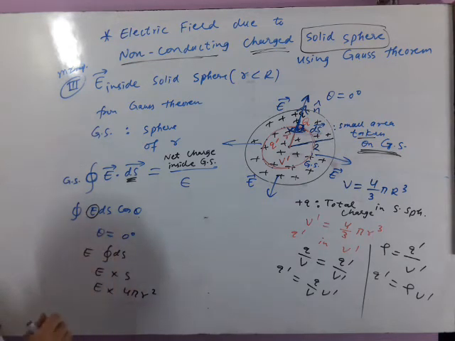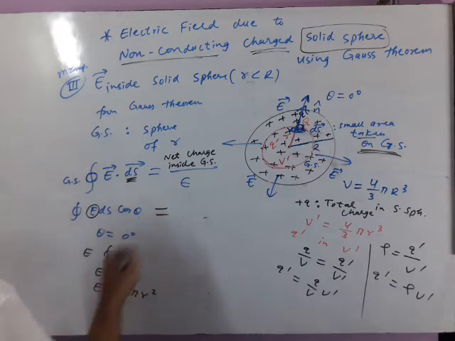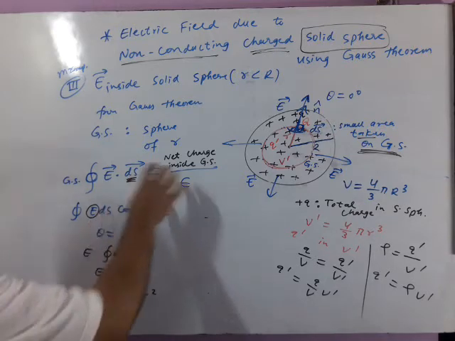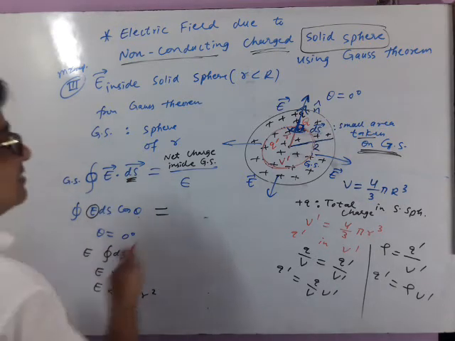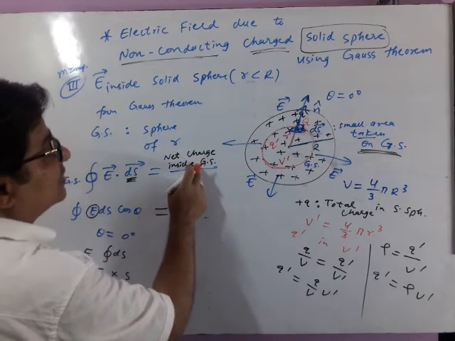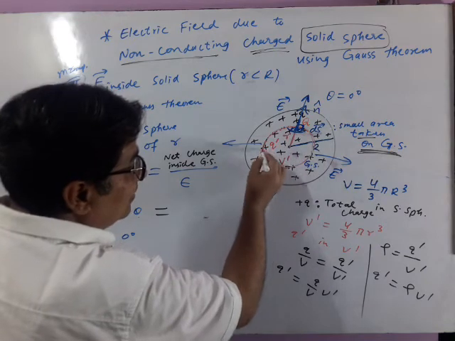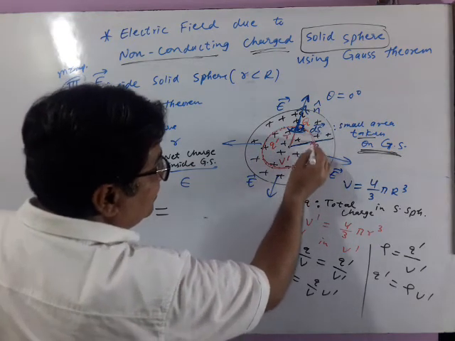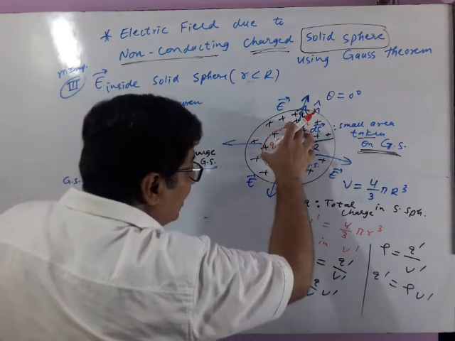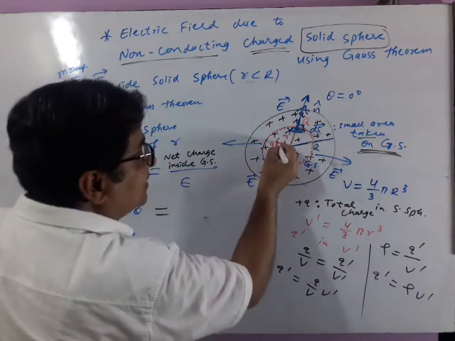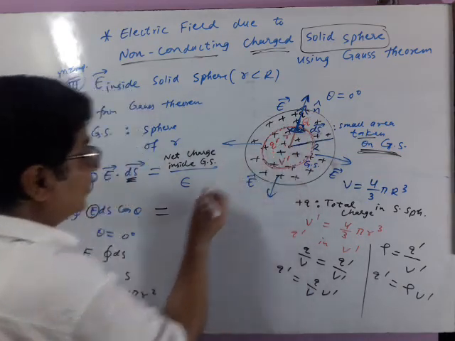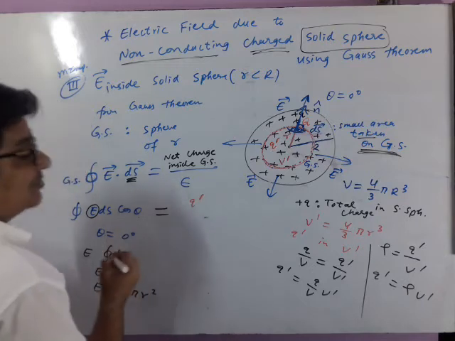Now the main point, the RHS. We always write the net charge inside the Gaussian surface here. Focus 100%. Now this is our Gaussian surface for this numerical. So how much charge is inside the Gaussian surface? It is Q dash, so you will have to write Q dash.